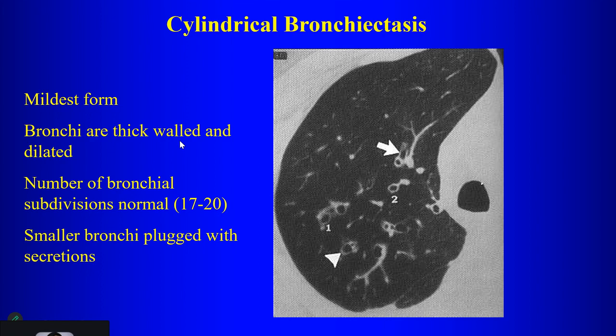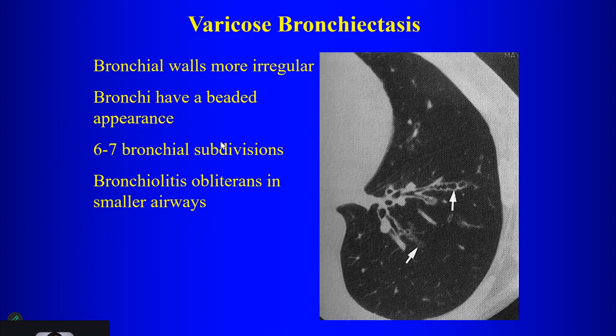The number of bronchial subdivisions is usually still normal, meaning that the distal airways are not obliterated by fibrosis. You have varicose bronchiectasis. This is a little bit worse, so you can see the irregular beading of the airways. Here, the more distal subdivisions are affected, so you can have bronchiolitis obliterans in the more distal airways.